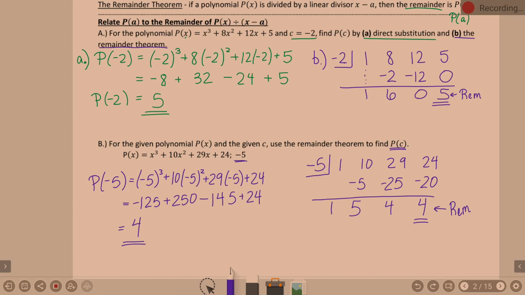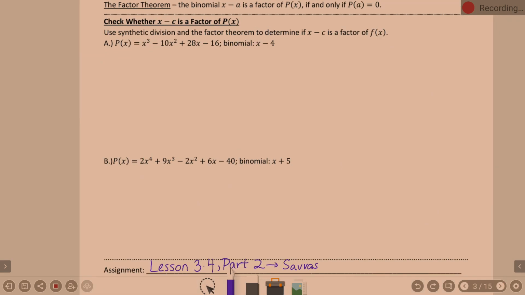Okay, on the back side. That was the remainder theorem, that was talking about finding a remainder. The factor theorem. We talked about this yesterday, just not by name. The factor theorem basically says that the binomial x minus a is a factor of p of x if and only if p of a equals 0.